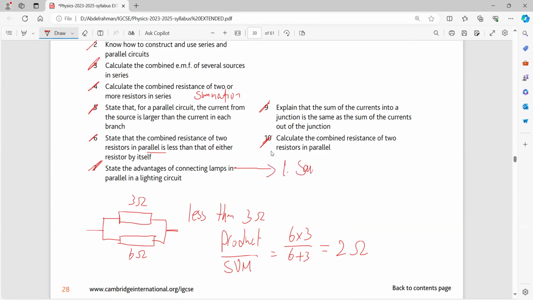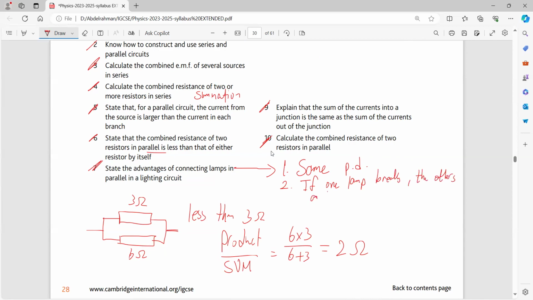Same voltage. They all have the same potential difference, or same voltage. If one lamp breaks, the others are not affected.